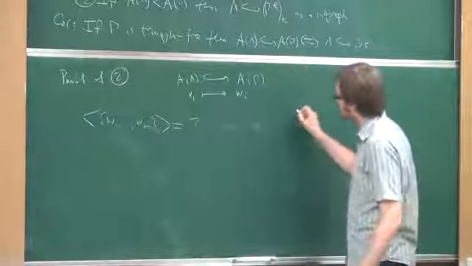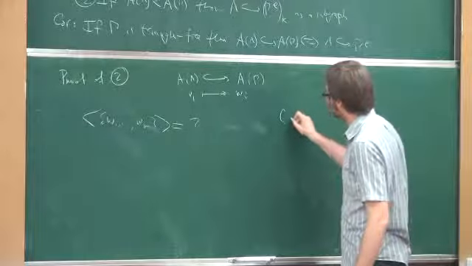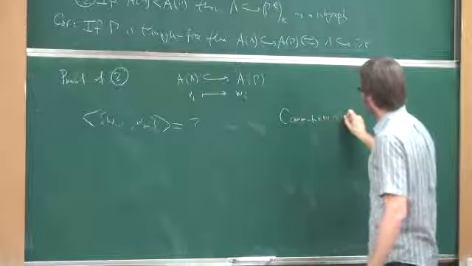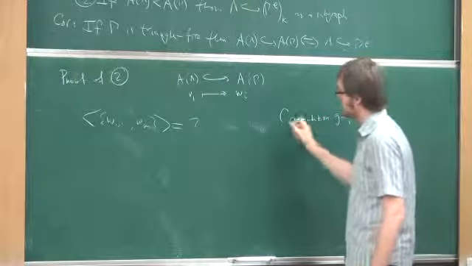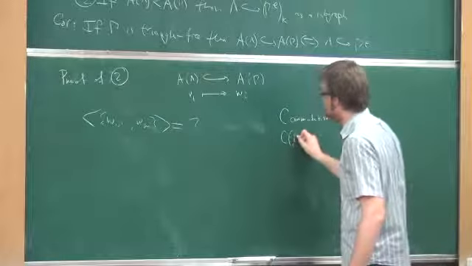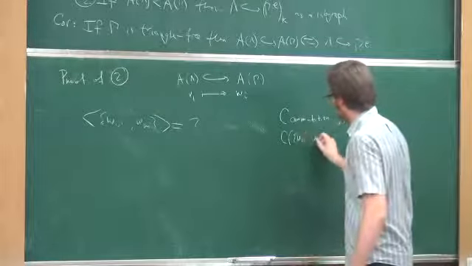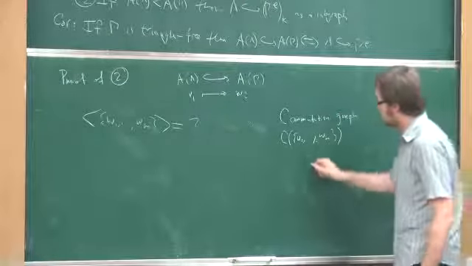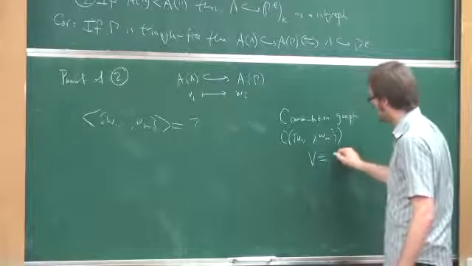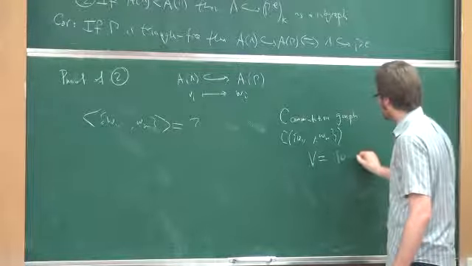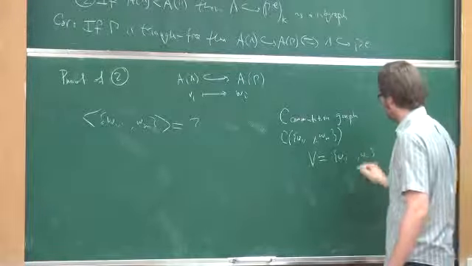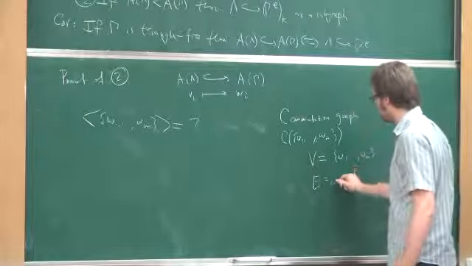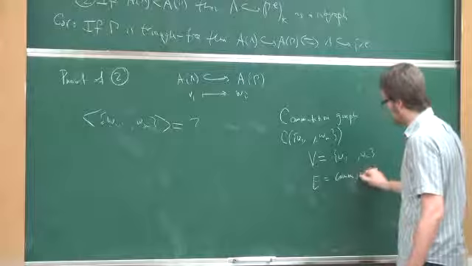So we build the commutation graph, which I'll write C of this collection W1 to Wm, whose vertices are W1 to Wm, and edges are commutation.